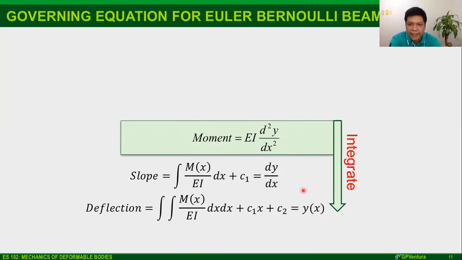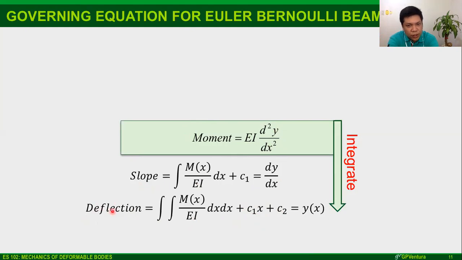Then, if I integrate further, from the slope I now get the deflection, with the first constant of integration, C1 x plus C2 naman. So it is very important for us to get the moment function correctly before integrating twice. Once I integrate twice, I now have the equation of the elastic curve.